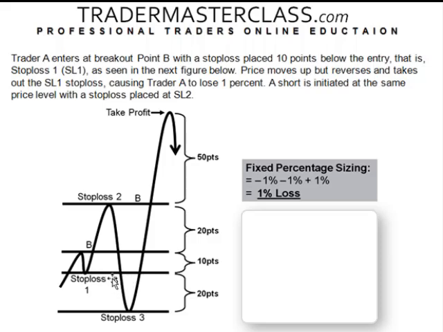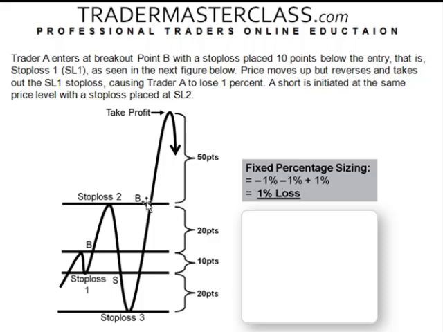Don't forget the breakout rule. For a short position here, the stop loss is at the previous high or the previous resistance level just prior to the short breakout. So we are still using the same breakout approach. Nothing has changed. So in the second trade, Trader A lost another 1%, as we can see here.